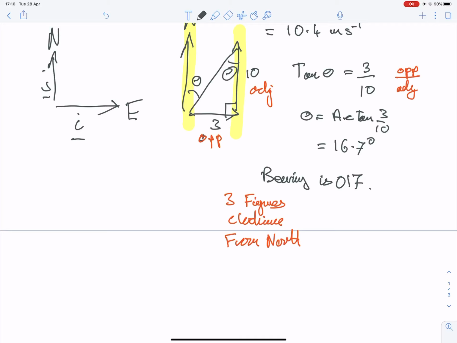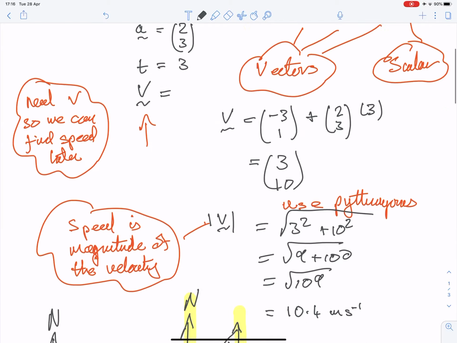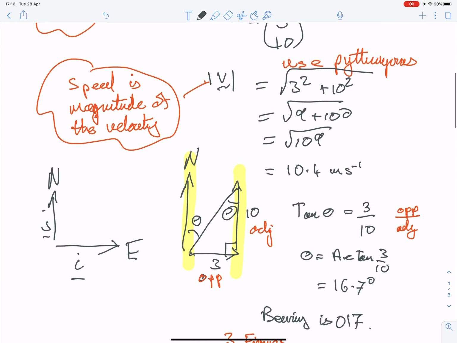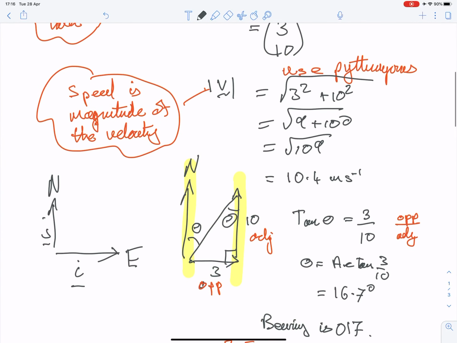And that's the end of that example. I think we can go back, check, nothing else lurking in there. Find the speed of the particle and the bearing on which it is travelling at time t equals 3 seconds. No, nothing else there. We've got the bearing and we've got the velocity.